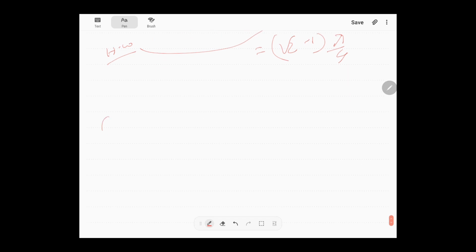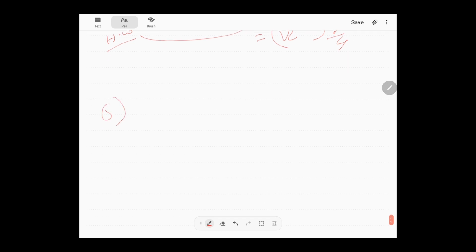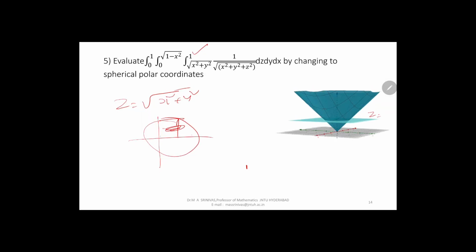Okay, coming to the sixth problem, because integration is easy, I am leaving it for you. Once you have an idea, oh, this is a good problem.